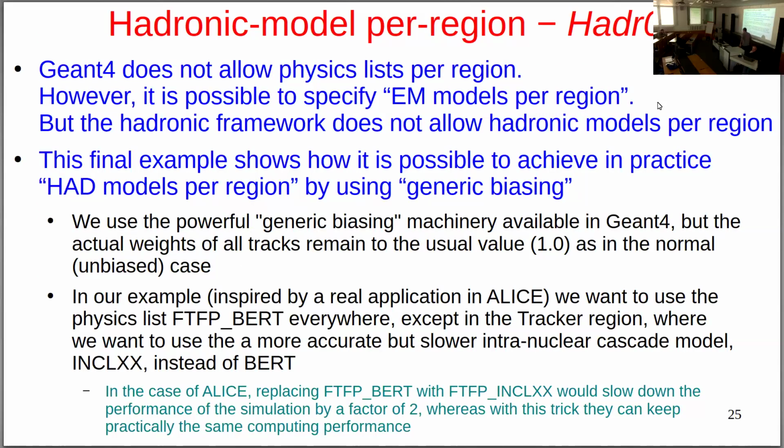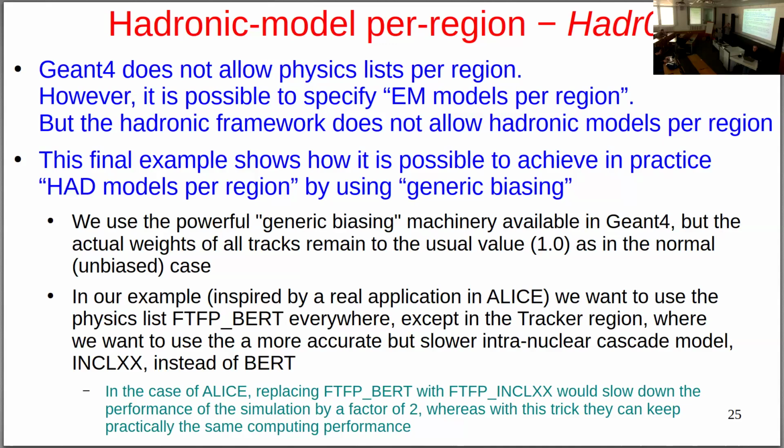The last one that I want to show you is a bit of an unexpected thing that we were not actually thinking of at the beginning when the generic biasing was introduced. It is a nice way to use this powerful machinery of generic biasing to essentially get a hadronic model per region. You know that in Geant4, you have one physics list which is applied everywhere.